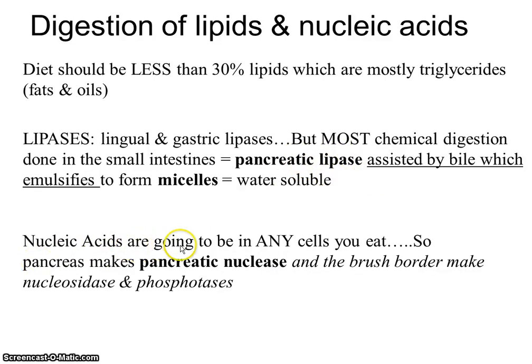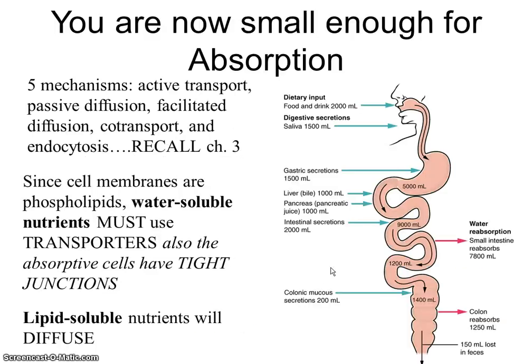Nucleic acids are going to be in any cells you eat, because your cells have nuclei, so you're going to find lots of potential nucleic acids. The pancreas makes nucleases, and then the brush border helps as well, so that we can absorb nucleotides. Now you are small enough for the absorption process, so that was recapping the digestive process from beginning to end.